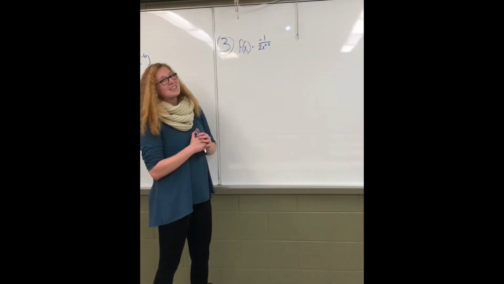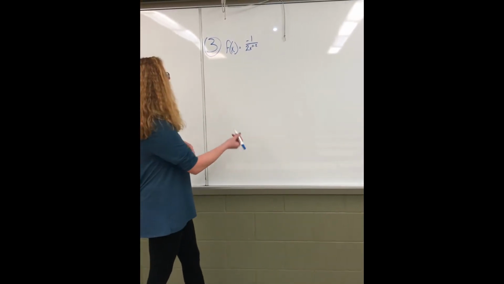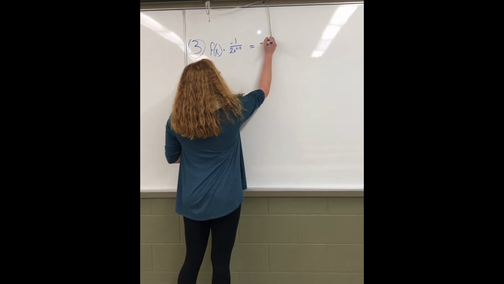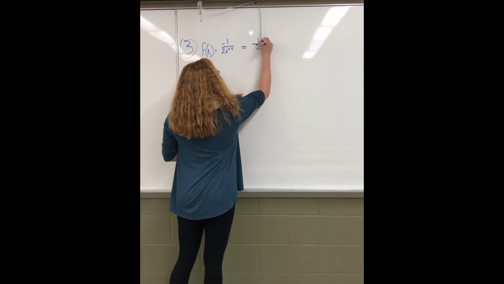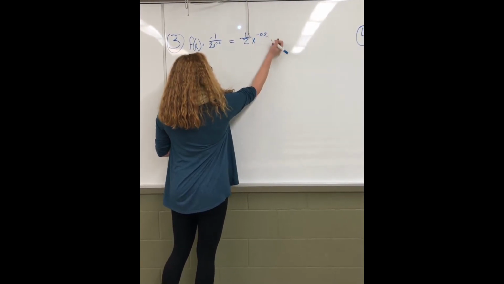f of x equals negative 1 over 2x to the 0.2 power. So this can also be written as negative 1/2 x to the negative 0.2 power.